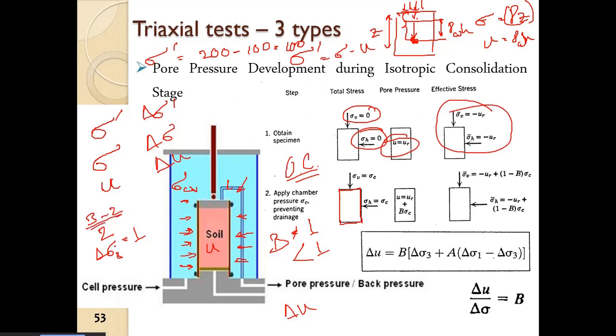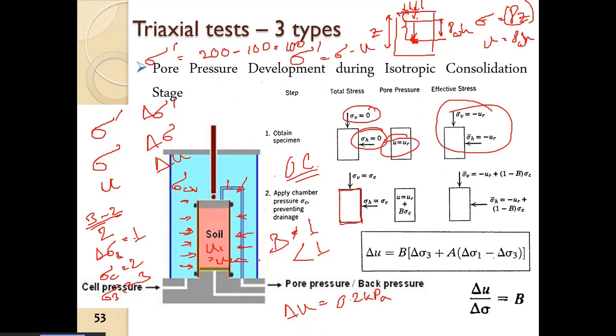Similarly, delta U is the difference of the two: at sigma C equal to 2 we had a pore water pressure U1, and at sigma C equal to 3 we have U2. So delta U is U2 minus U1. Suppose it is 0.2 kPa.